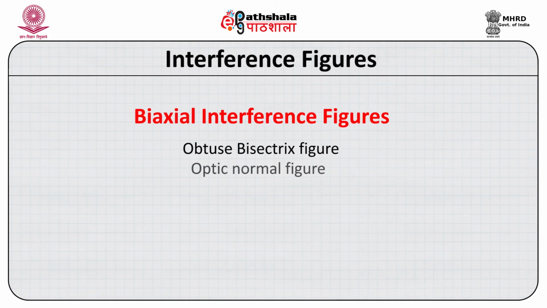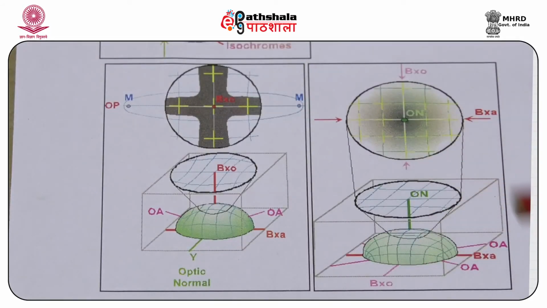As for the optic normal figure, also called the flash figure, it is produced when the optic normal is vertical. Here you can see that this is the optic normal which is vertical. Grains oriented to produce this figure display maximum retardation as the X and Z directions in the indicatrix are horizontal.